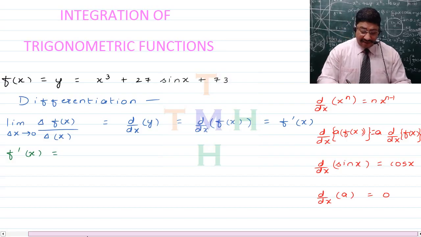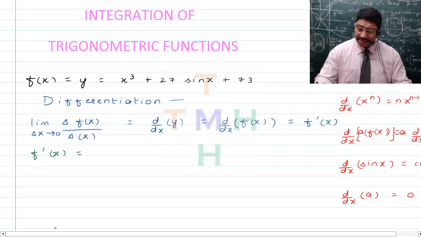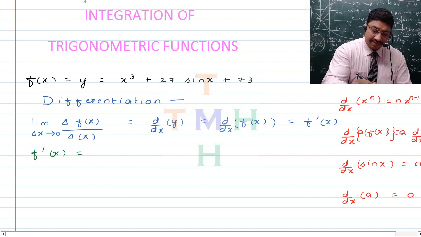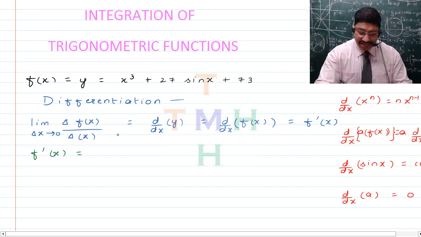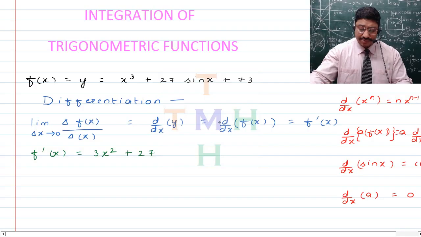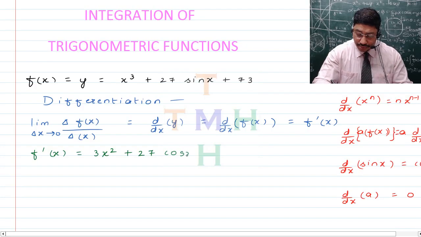Now children, after having all of these formulae before us, we can very easily find the derivative of this function. The derivative of f of x, which is f dash x, will become equal to 3x square, that is n, which is 3, times x raised to the power n minus 1, that is 3 minus 1, that is 2, plus 27, being a constant, will stay outside the process of differentiation, and the derivative of sine x will become cos x.